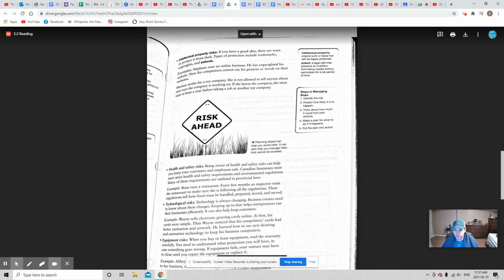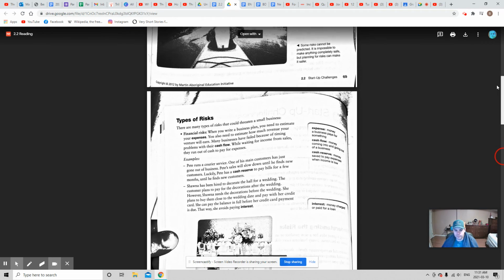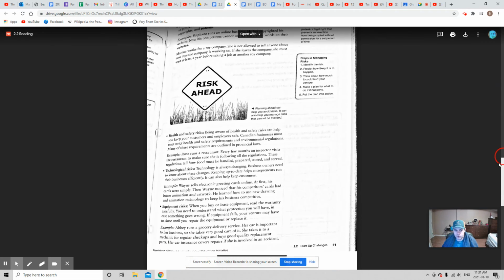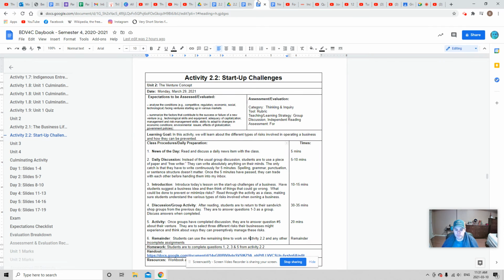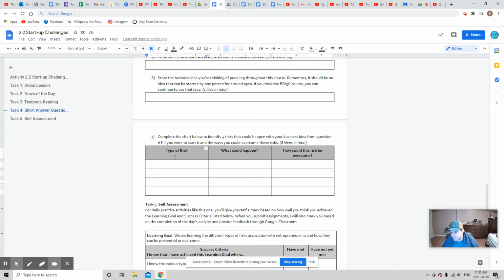Remember, the type of risks are listed here. So say if my business is snow shoveling, a health and safety risk. So what could happen? I could slip and fall.